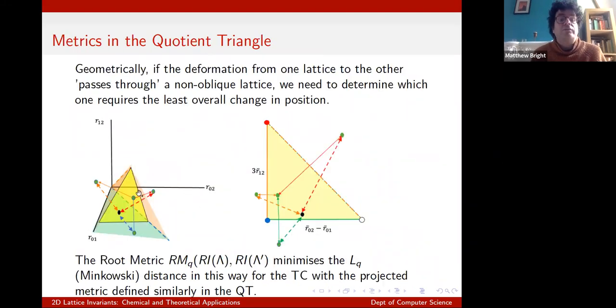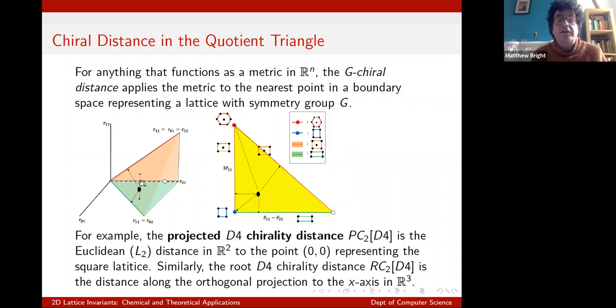You can have a distance to the boundary, or a distance to the subspaces representing higher symmetry lattices, and that gives you a continuous measure, what we call a G chiral distance. So it's a measure of the asymmetry of a lattice in relation to particular symmetries. Or if you just want a general measure of the symmetry of the lattice, you can take the minimum over all symmetries. So hopefully that's clear.